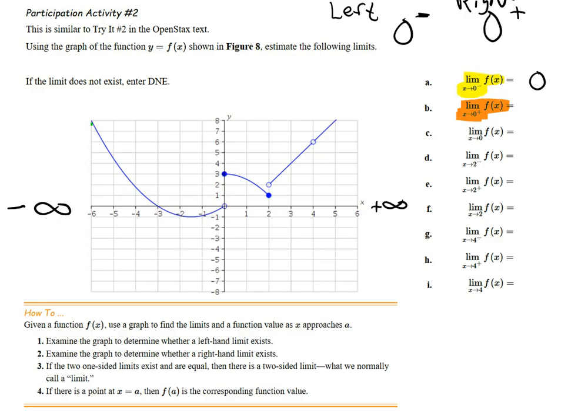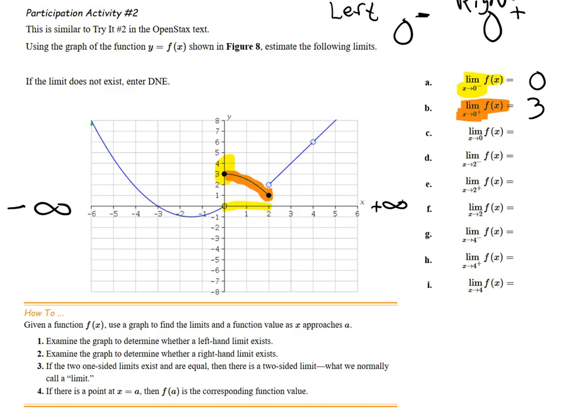You're going from here to here, and every point on that orange function has an x coordinate that starts at 2 and gets closer and closer to right here. When you get to this point right here, the y coordinate is actually a 3.